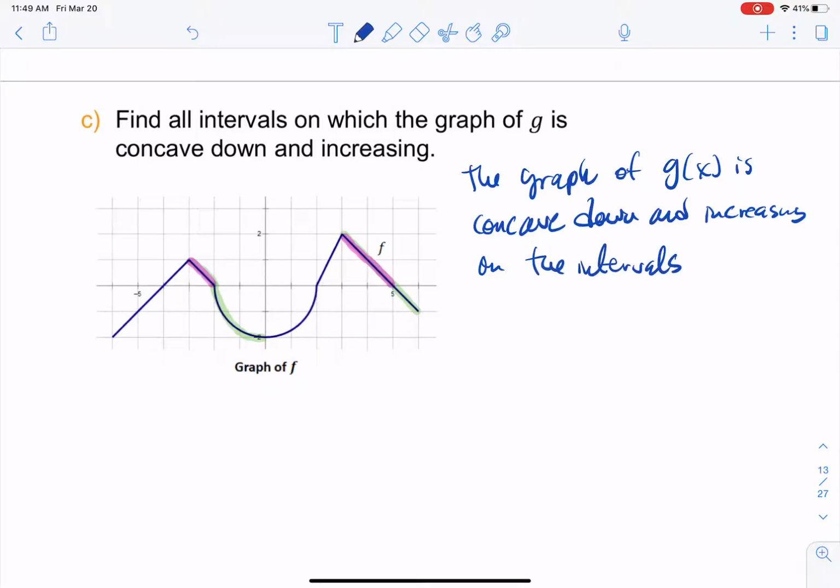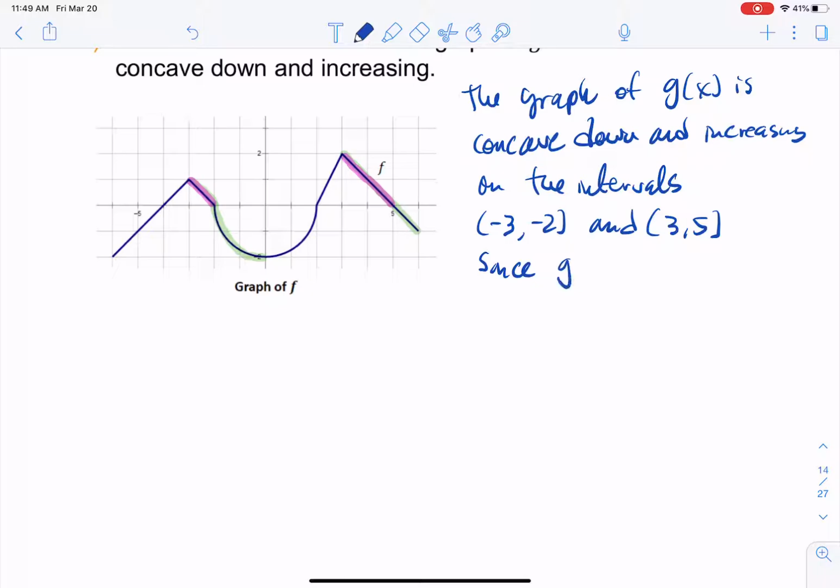Now, usually for increasing, you put closed intervals, but since we're including concavity in it, we're going to keep this on open intervals. On the intervals, let's see, this first one is negative 3 to negative 2. And then we have, let's see, 3 to 5, it looks like. 3 to 5.